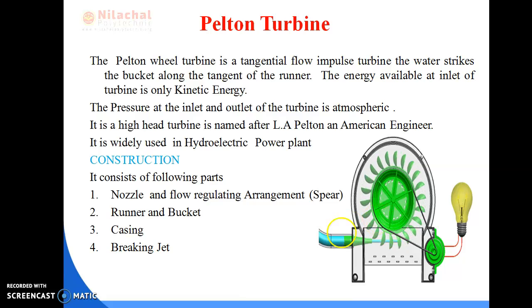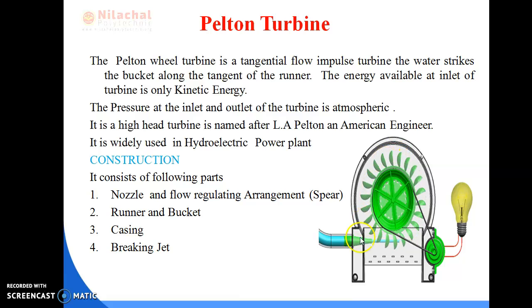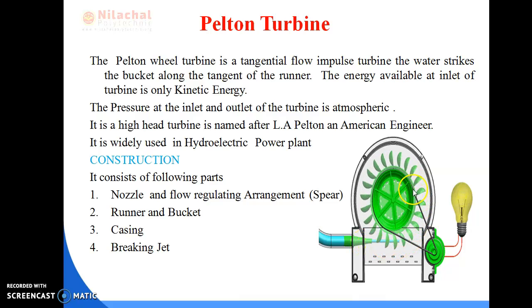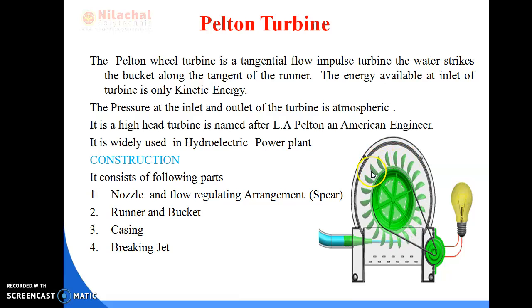As we previously discussed, when the water from the nozzle outlet strikes upon the blade, rotational motion is produced in a circle, and the flow of water is touching that rotational surface, meaning the flow of water is tangent to the circular motion produced by the runner blade. So hence it is known as a tangential flow turbine.